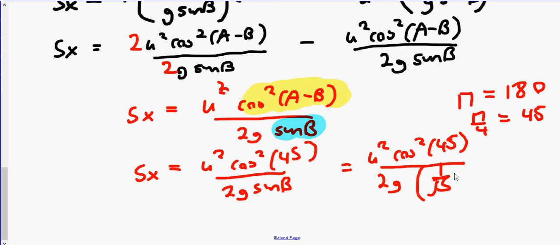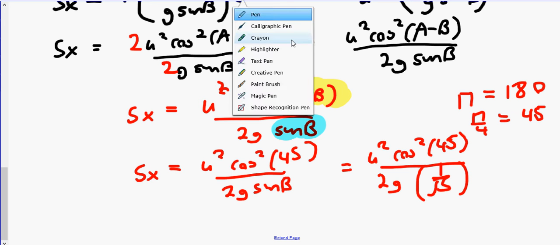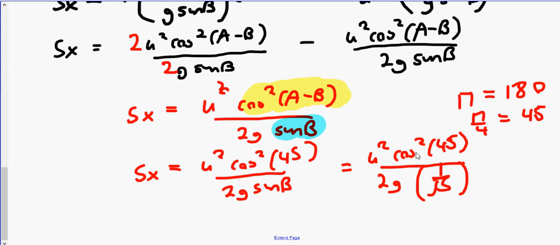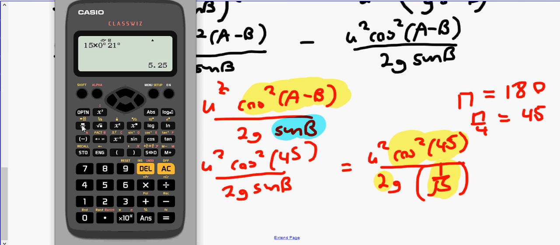So this is now u squared cos squared 45 all over 2g times 1 over root 5. Alright, in the calculator, here's what I'm going to put in. I'm going to put in cos squared 45, the 2, and the 1 over root 5. I'm going to see what I get. So it's going to be cos 45 squared divided by 2 divided by 1 over root 5.